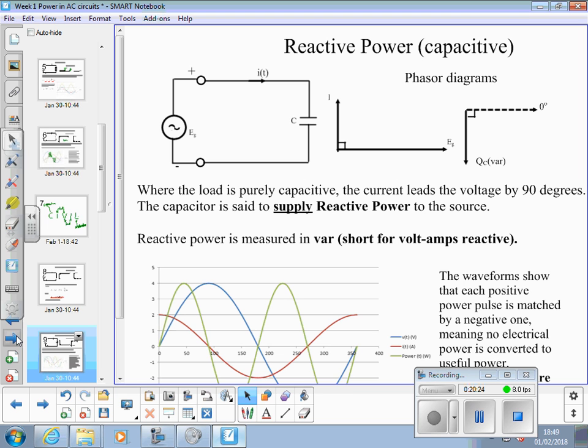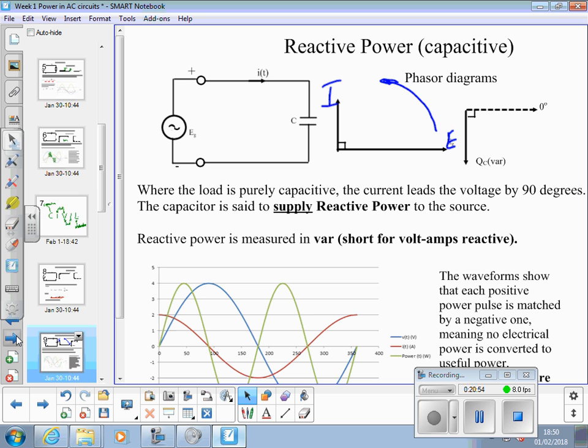So this time, here's E, and there's I, and we talk about a positive being anti-clockwise around the rotation, and therefore showing that current leads the voltage. The capacitor is said to supply reactive power to the source. Alright?